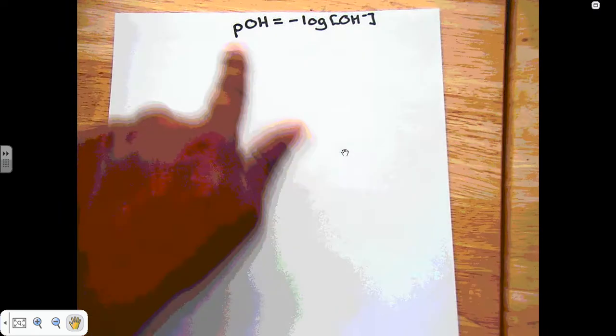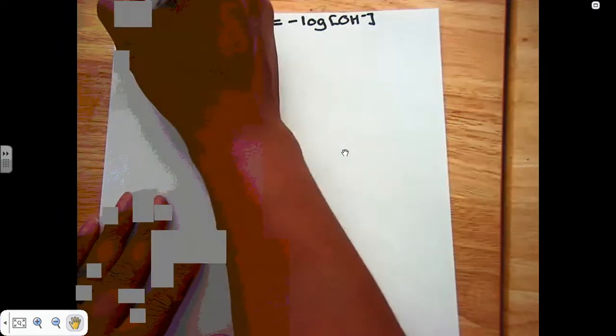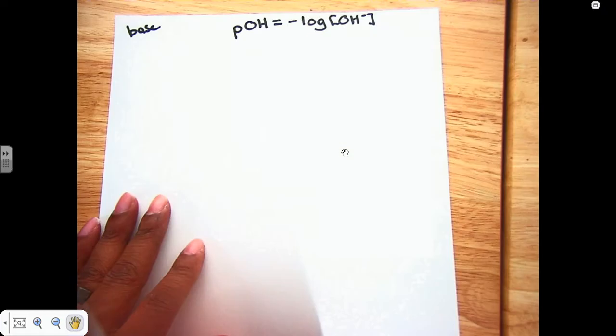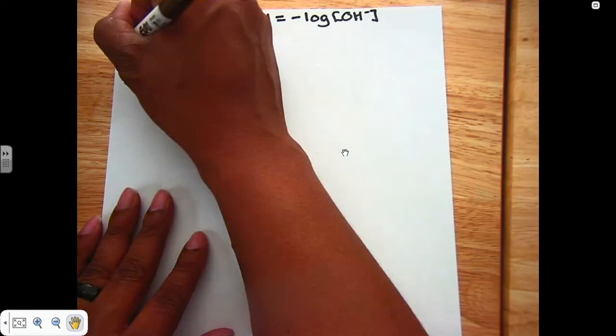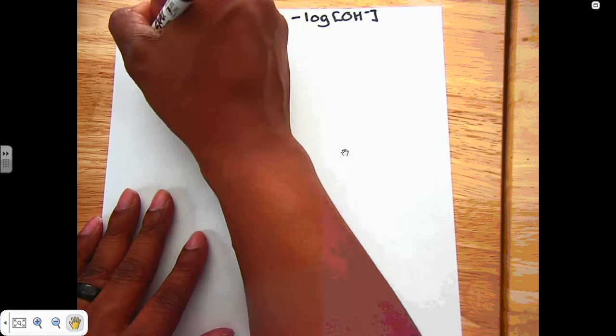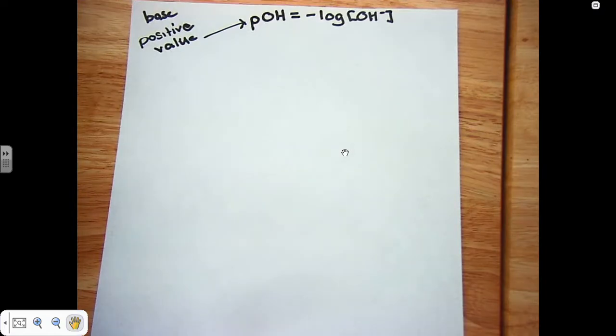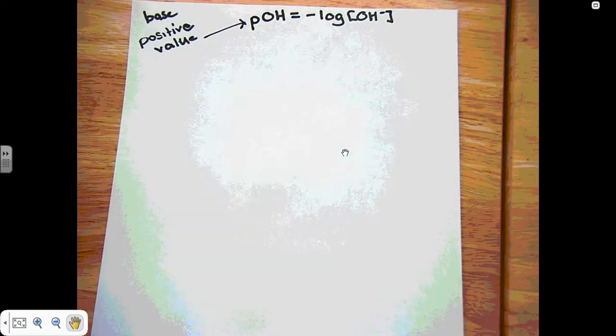And usually you're using this equation when you're operating with bases. So this is kind of the base side of things. And again, you want a positive value for your pOH. Your pOH should be a positive value. We're only working with positive numbers. So how do we go about solving it? Well, we're going to do the same thing we did before.